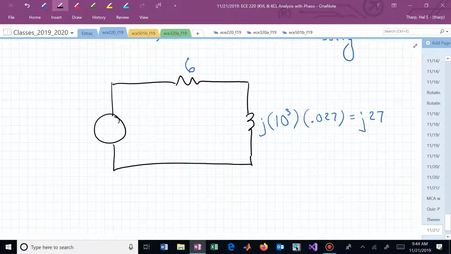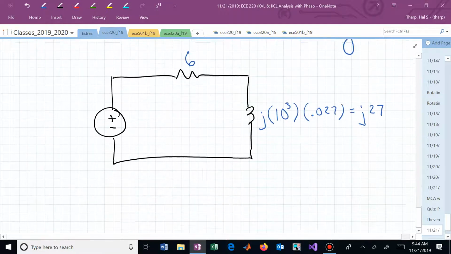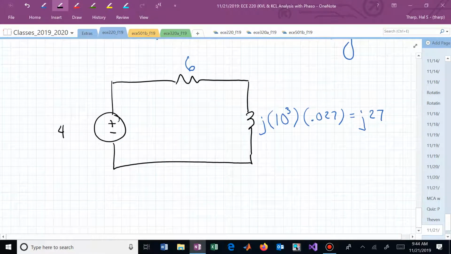And what is our voltage source in phasor form? We know its amplitude is 4. What's its phase? It's not offset, so it's 0. We're good with just saying this is now 4 at 0 degrees.